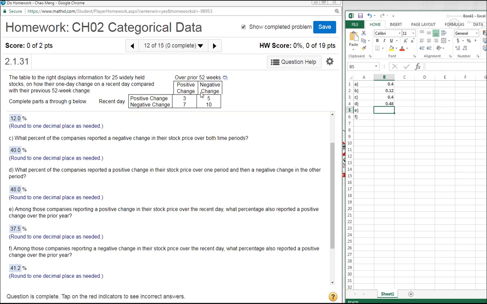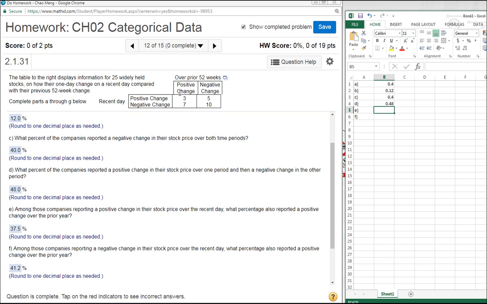If we look at the table, the condition is that in the recent day, it has to be a positive change. So we are only looking at the first row. That's our condition. So we are only talking about the 3 plus 5 companies.